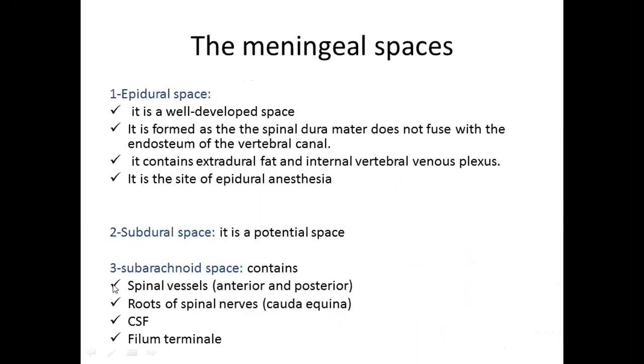So the contents of the subarachnoid space are the roots of the spinal nerves, called cauda equina, the cerebrospinal fluid, and the filum terminale. Also, this space contains the blood supply of the spinal cord, the spinal vessels: anterior and posterior spinal arteries, and veins.